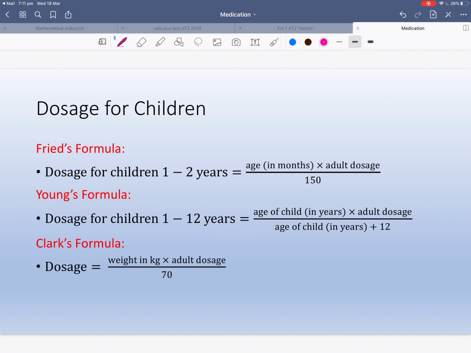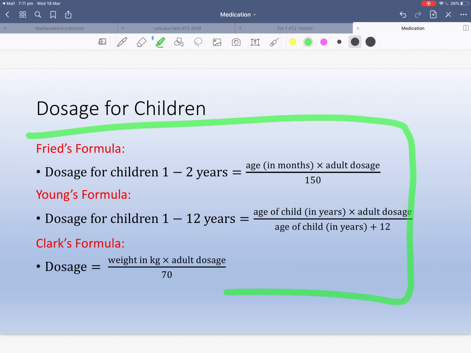Now, what we have here is dosage for children. You will be asked to use these, but you're not asked to remember them. Okay, so it's just that we're going to be using these. So there's the 3 ones. There's Fried's formula. I'm sure that you say it very differently to what I just said.